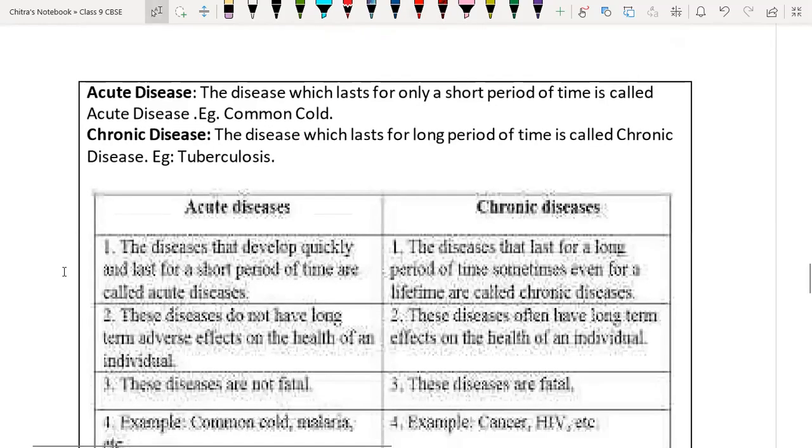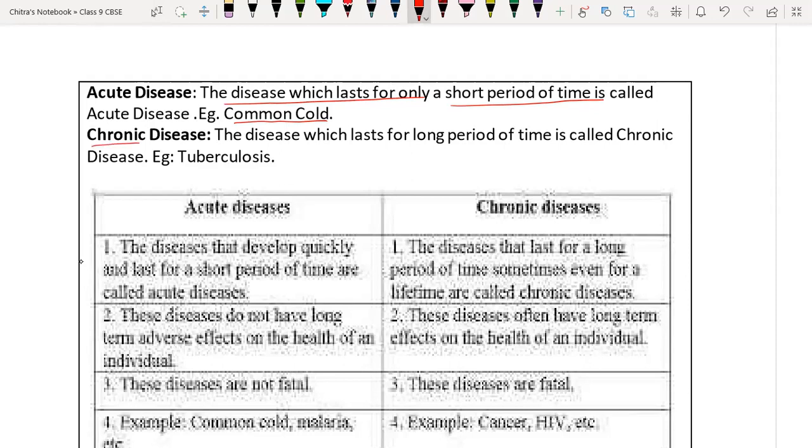So first we're going to discuss acute disease. Acute disease is the disease which lasts only for a short period of time. Examples: common cold, diarrhea, fever, etc. They last for only a few days.